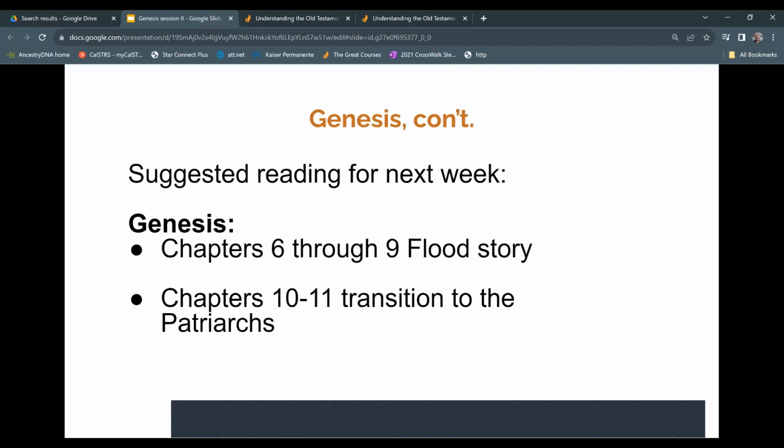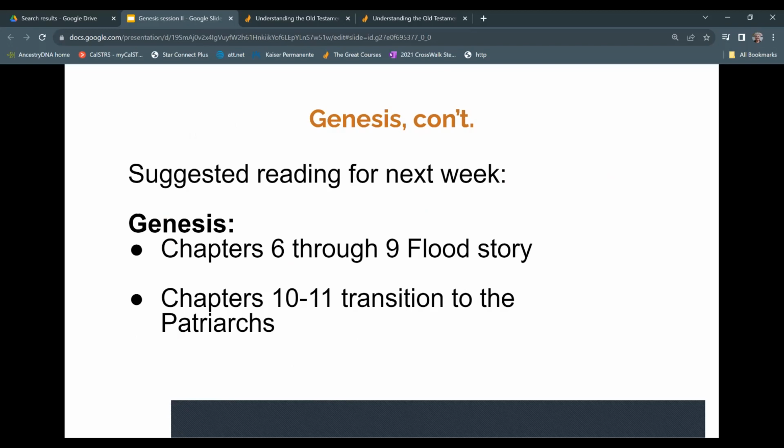Here's your suggested reading, chapters 6 through 9, which will include in Genesis the flood story that we're all probably pretty familiar with, Noah and the ark, and it's a pretty interesting story.